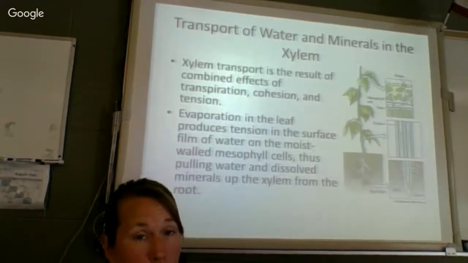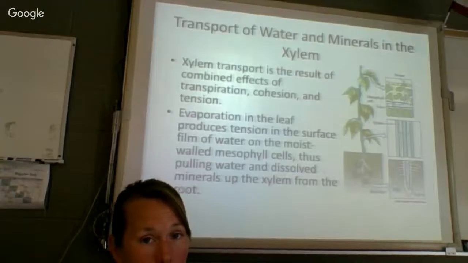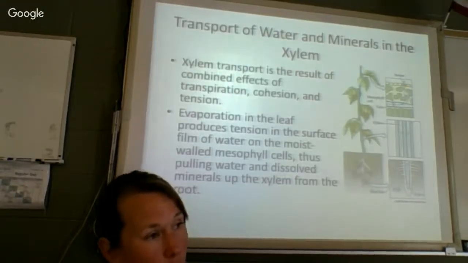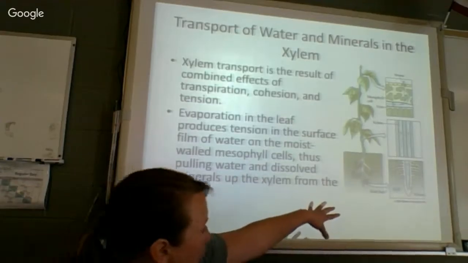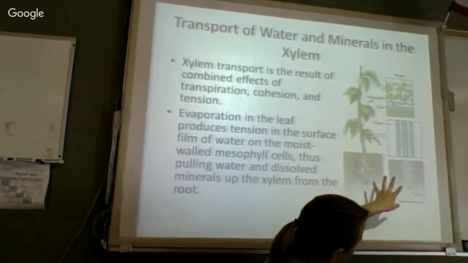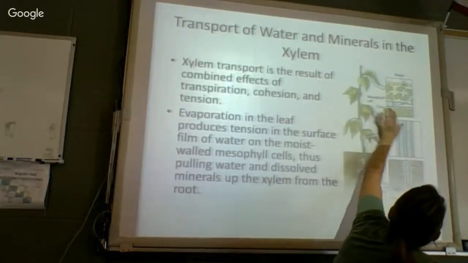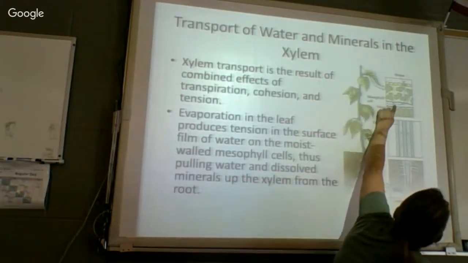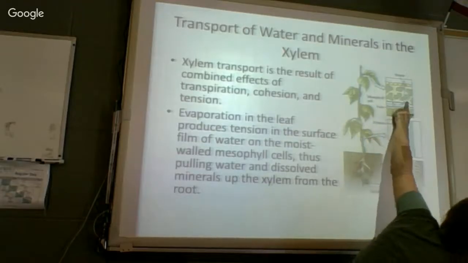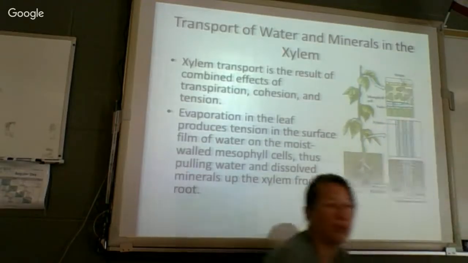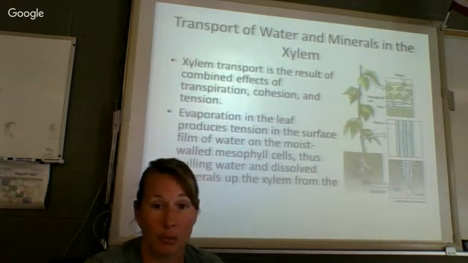Xylem transports water and nutrients up. The plant translocates water from the roots where it's absorbed, up through the stems, and then up into the vein of the leaf. And you can see in the picture the water getting sucked out through the stomata. That would be the process of transpiration happening right there.